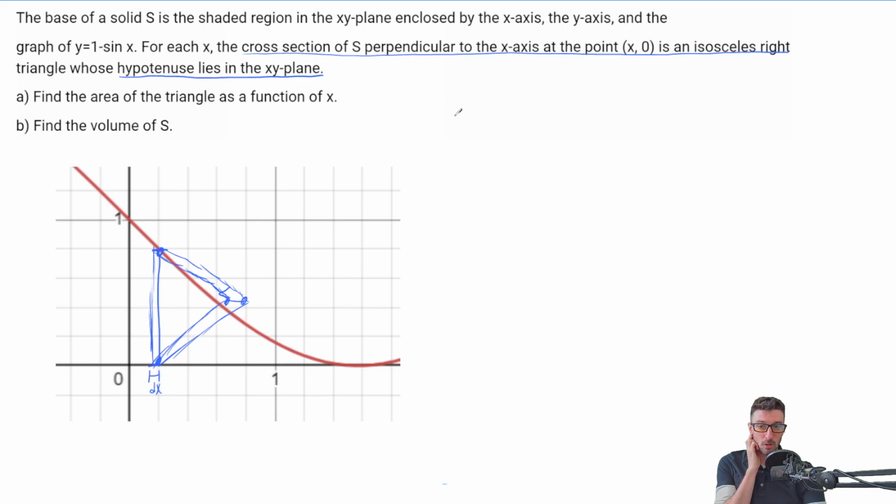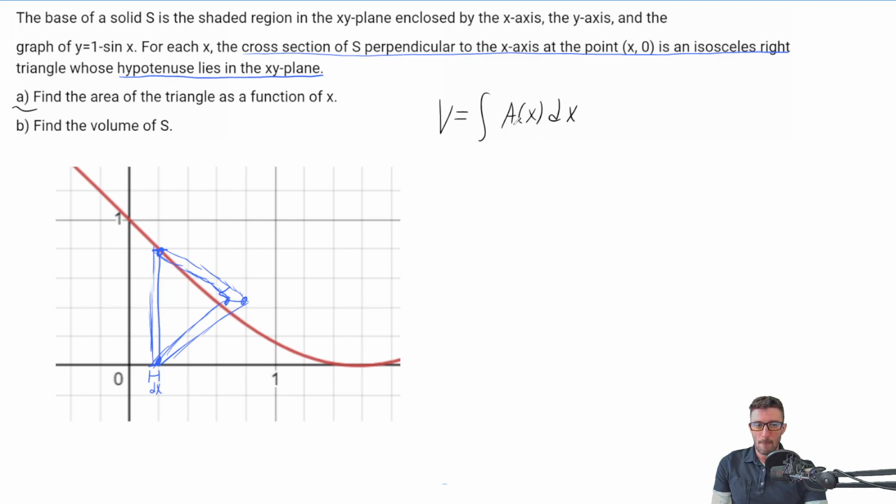So ultimately we know that the volume of S is going to be the integral of the area, and then there's going to be a dx. Now in part A, they just want you to find the area as a function of x, which is a good idea because we have a dx, so everything has to be in terms of x.